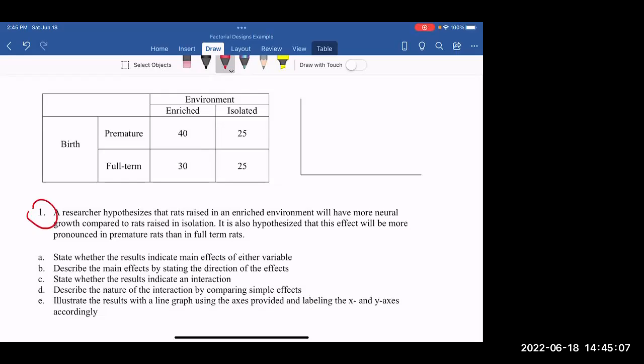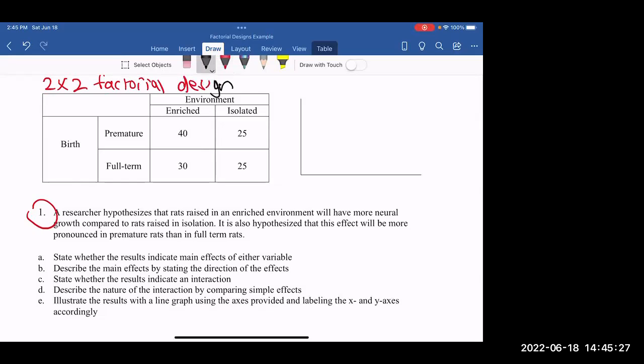Okay? So right away, it should become apparent that what we have here is a 2 by 2 factorial design.